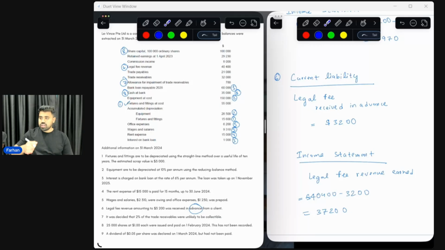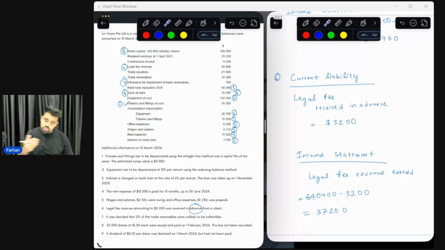Because you collected the cash from the customer, but you are yet to deliver on the obligation for which you have collected the cash for, and that is to provide your services, which is what you will provide in the next financial year, okay?